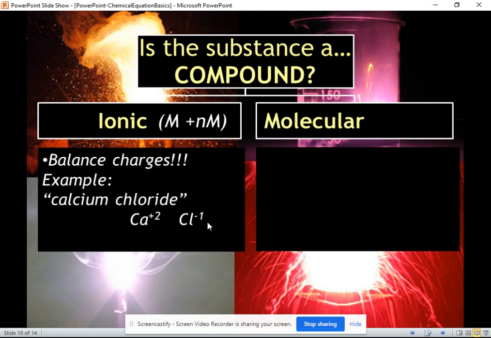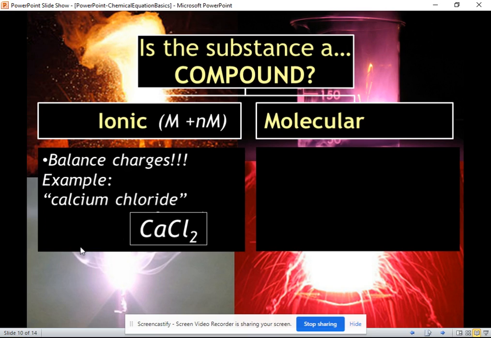So when you cross-charge them, 1 goes with the calcium, 2 goes with the chlorine, all right? And you end up with CaCl2. So cross-charging is what we're going to be using to put your ionic compound into a formula. Remember that you need to reduce those. So if I had 2 and 2, I would need to reduce that to 1 and 1.